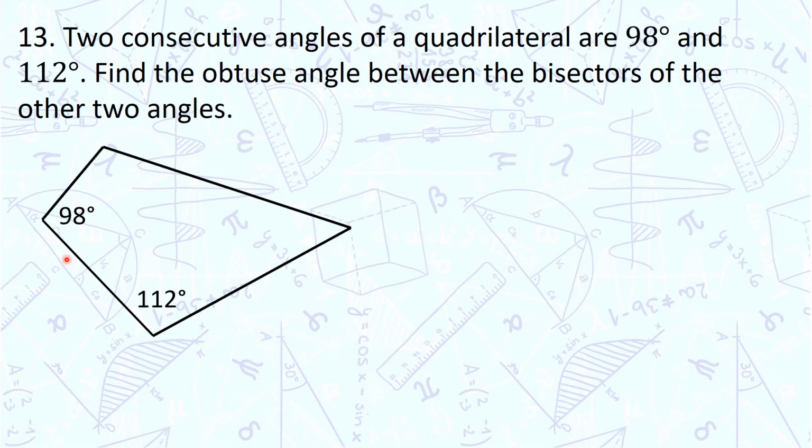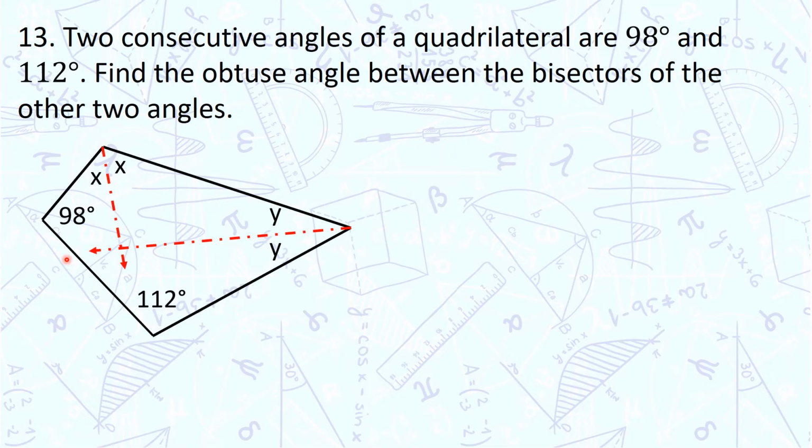The problem said they are consecutive. Then let us draw the angle bisectors of the two remaining angles. Let us represent the angles as x and x because the angle is bisected. The other one, let us have y.